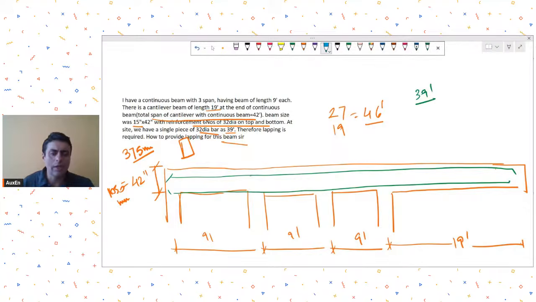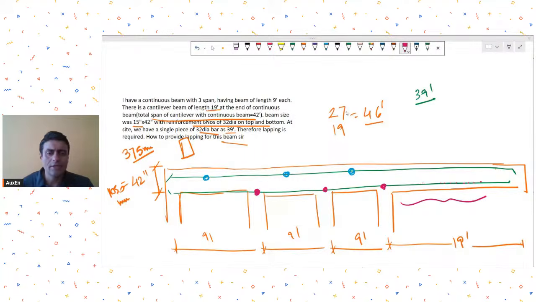If you want to add a top splice, these are the preferred locations for your top bar splices. If you want to have any splice in the bottom bar, these are the preferred locations for splices in the bottom bar. Here, here, here, and anywhere over here. Anywhere in this span, you can have a bottom splice.